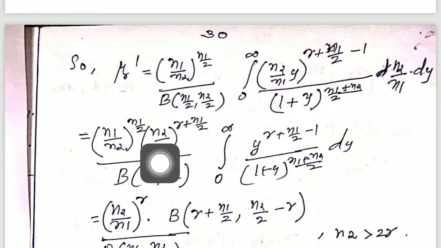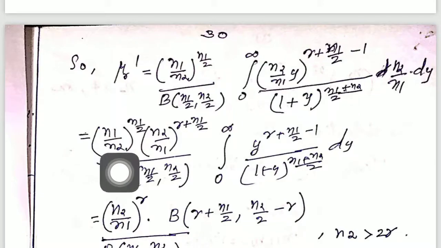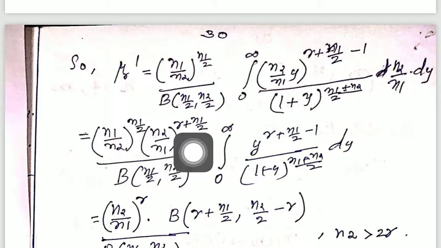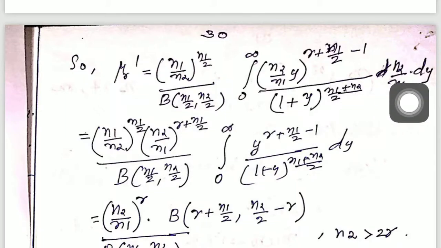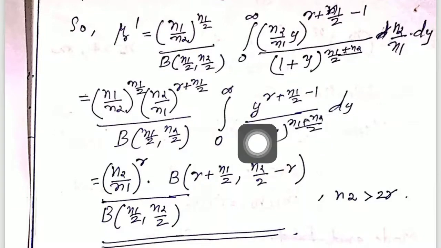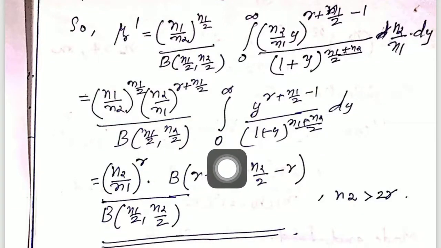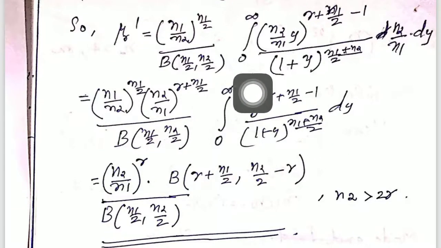You will have n1 by n2 to the power of n1 by 2 into n2 by n1 to the power of r plus n1 by 2, because there is an n2 by n1. And finally you have this constant into the integral from 0 to infinity of this thing.